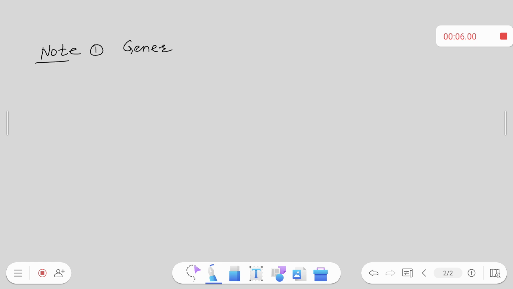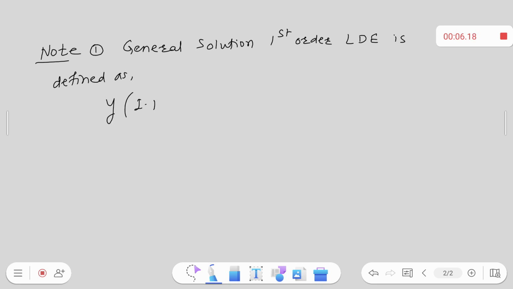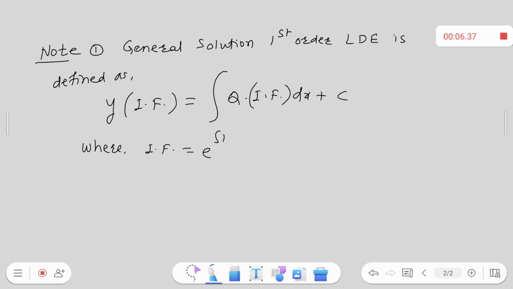General solution of first order linear differential equation is defined as y into integrating factor is equal to integration of q into integrating factor plus some constant of integration c, where the integrating factor is e to the power integration of p dx.